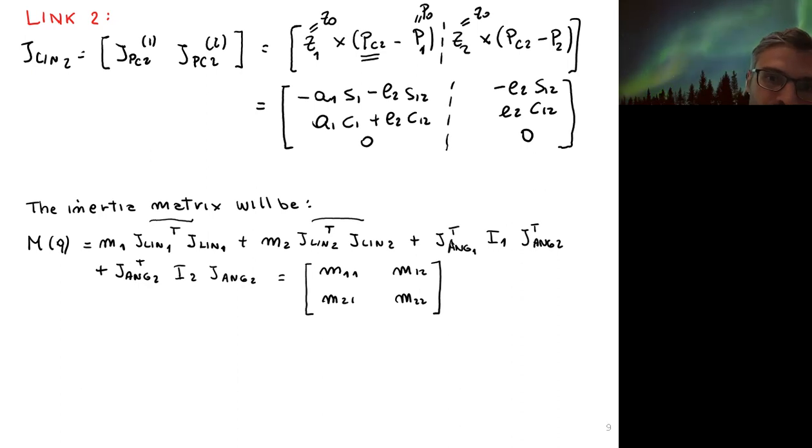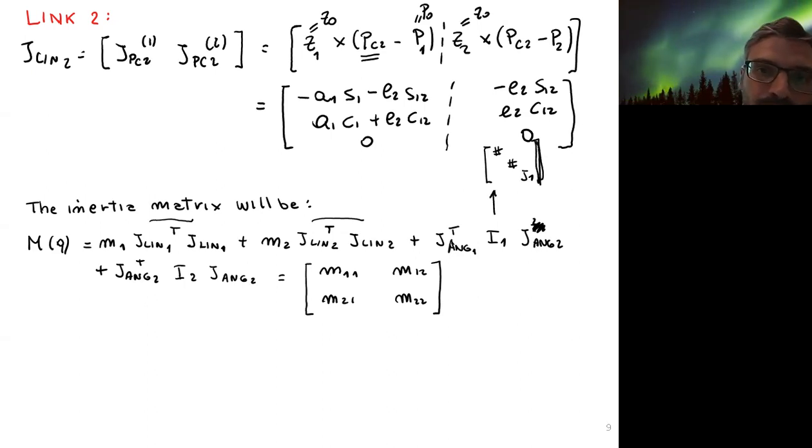And for the angular Jacobian, you need to left and right multiply the inertia tensor, and the inertia tensor will be something like this. A diagonal matrix where we consider the moment of inertia about the axis of rotation of a link, because we are rotating only around the z-axis.